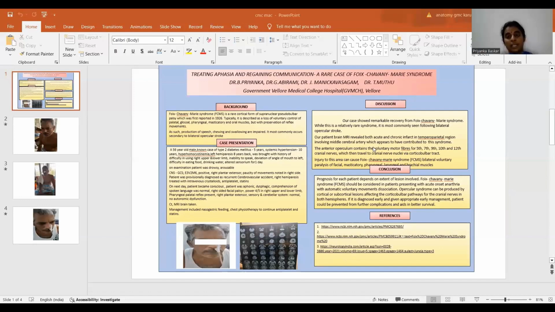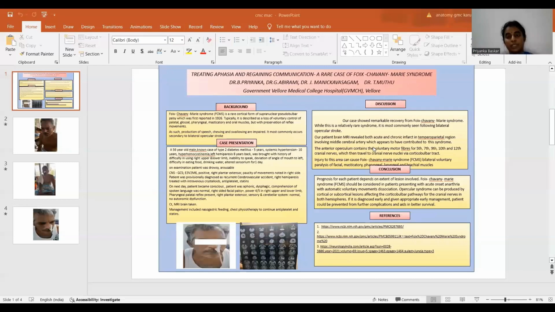This is a relatively rare syndrome. It most commonly occurs following bilateral opercular stroke, but can also be caused by trauma, tumor, CNS infection, and other rare causes. Our patient's brain MRI revealed both acute and chronic infarct in the temporoparietal region involving the middle cerebral artery, which appears to have contributed to this syndrome.